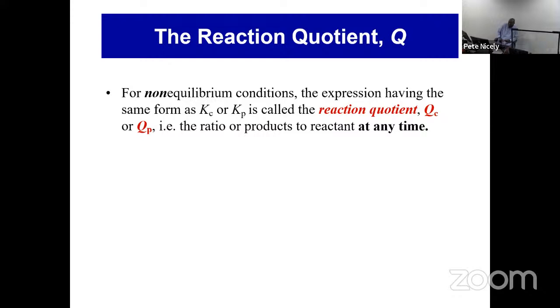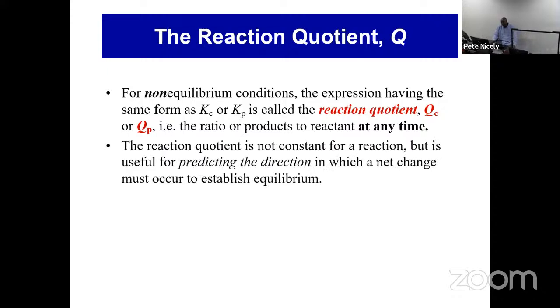It says here, for non-equilibrium conditions, the expression having the same form as Kc and Kp is called the reaction quotient, which would be Qc if the concentration terms are used, or Qp if the pressure terms are used. So we use Qc and Qp to represent the ratio of products to reactants at pretty much all times, including non-equilibrium conditions.